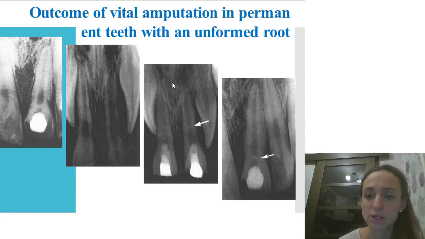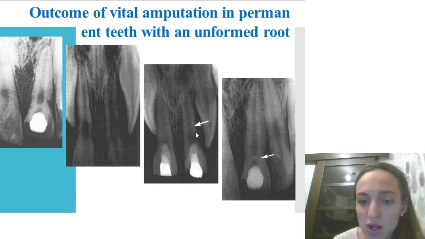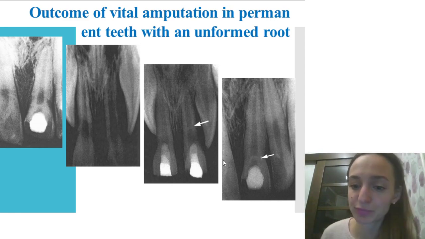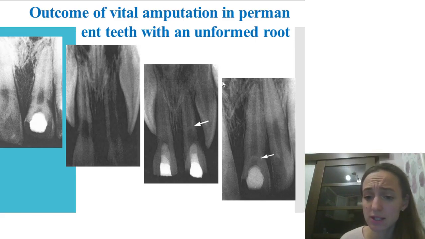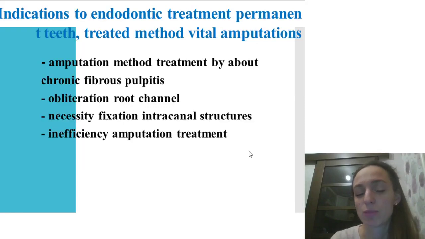Then, outcome of vital amputation in permanent teeth with unformed roots. Please look. It is a special bone bridge after calcium. And here we have vital pulp. Indication to endodontic treatment of permanent teeth, a treated method, vital amputation.